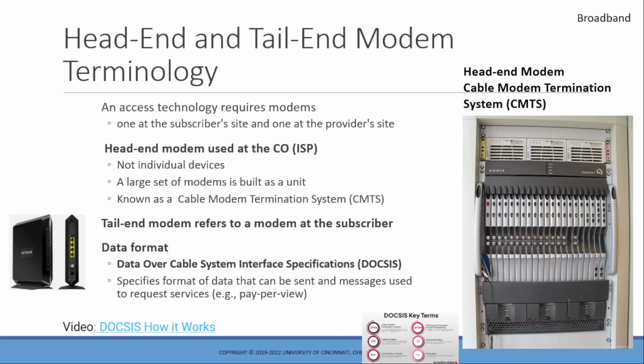So this is the head modem, and then your house is the tail modem. The data format is called DOCSIS, which stands for Data Over Cable System Interface Specifications. You do not have to remember what it stands for, but just remember that DOCSIS is the data format that ISPs use, that modems use to convert and transmit the data.